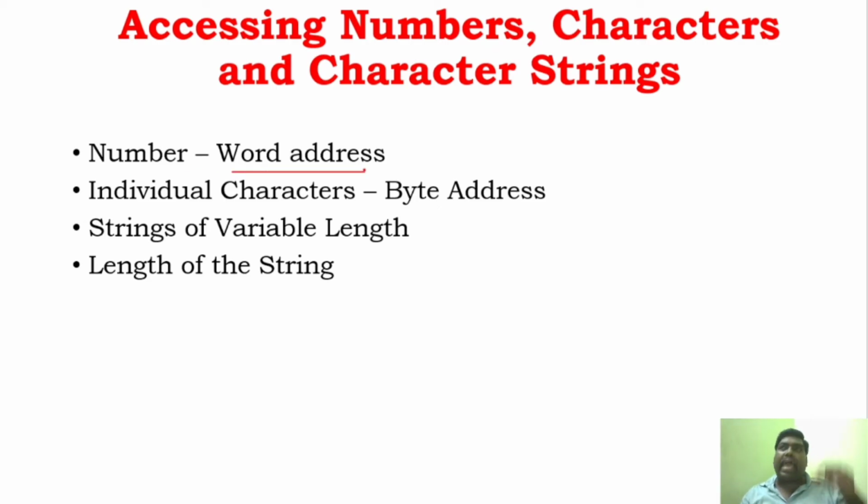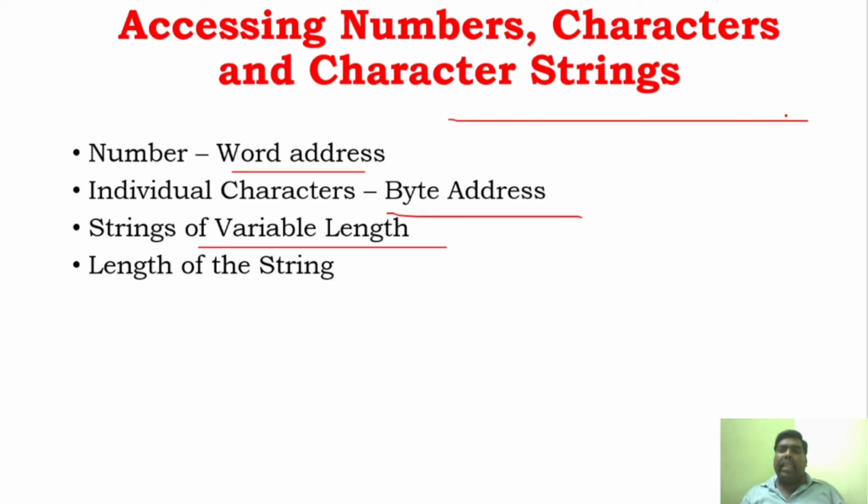Similarly, individual characters can be accessed using byte address, right? And you know what is a string of variable length? For example, if we have a sentence with characters of variable length, then how will it be represented? It will be represented, that is, the first letter, right?